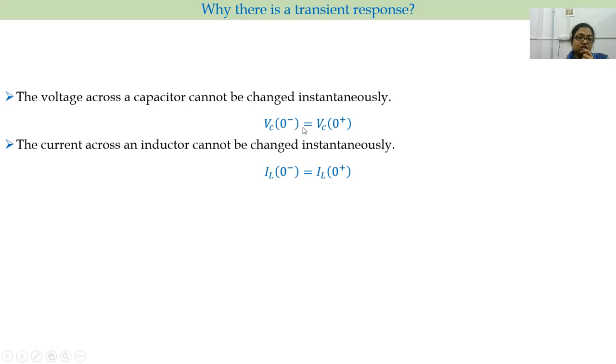That's why just before 0 and just after 0, the voltage across the capacitor remains the same. The same is true for the inductor: I_L(0 minus), the current just before t equals 0, and the current just after t equals 0 flowing through an inductor remain the same. It can't follow that change because of its inherent property, and because of this property we see the transient response.